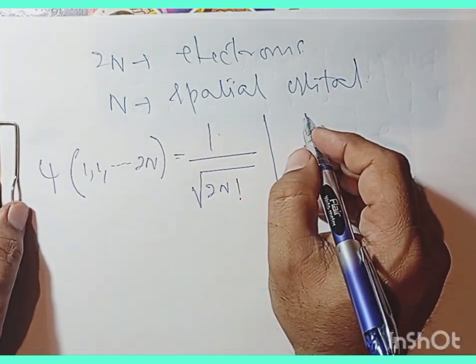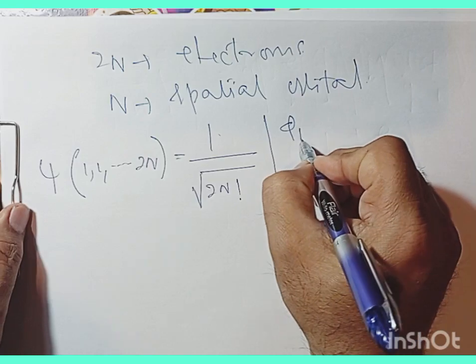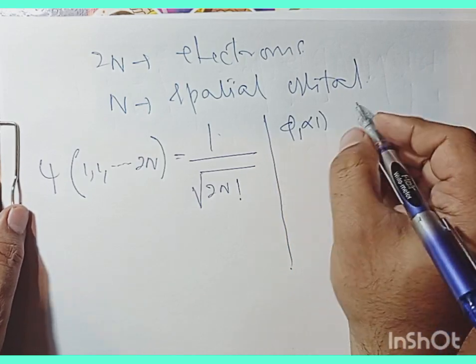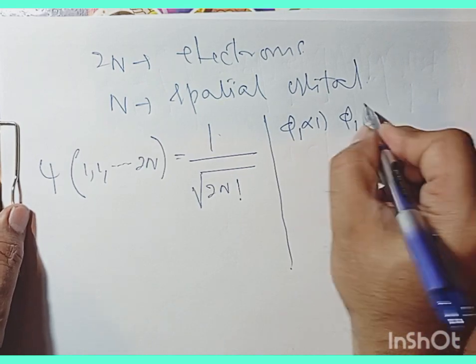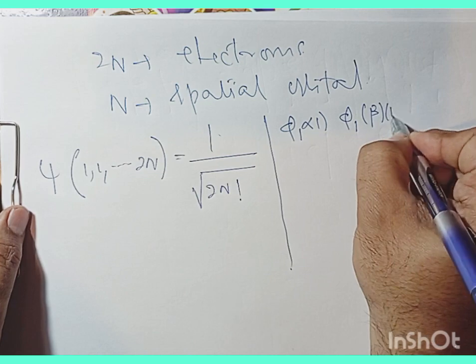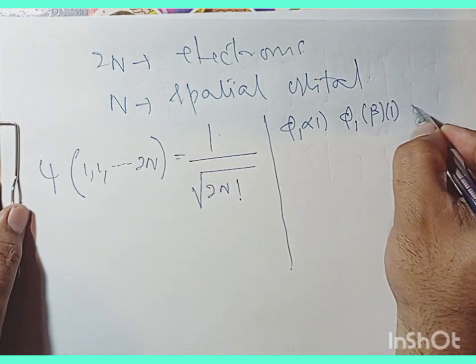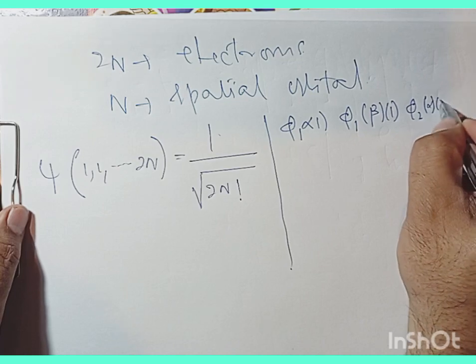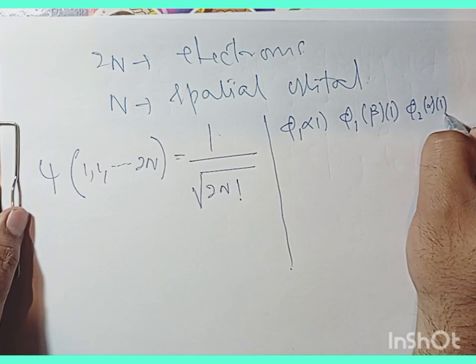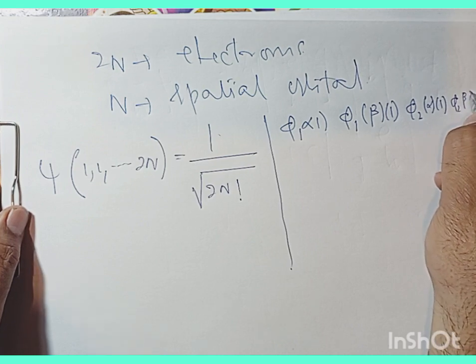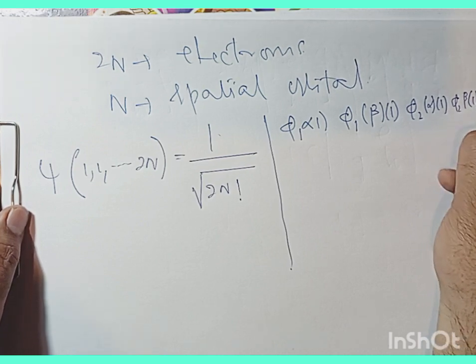The determinant is, say, phi 1 alpha 1, then phi 1 beta 1, then phi 2 alpha 1, and phi 2 beta 1, and so on and so forth.